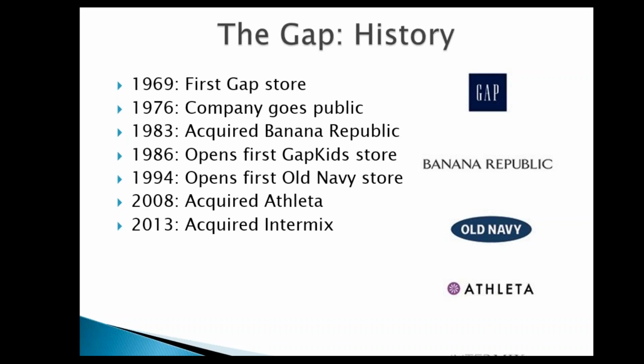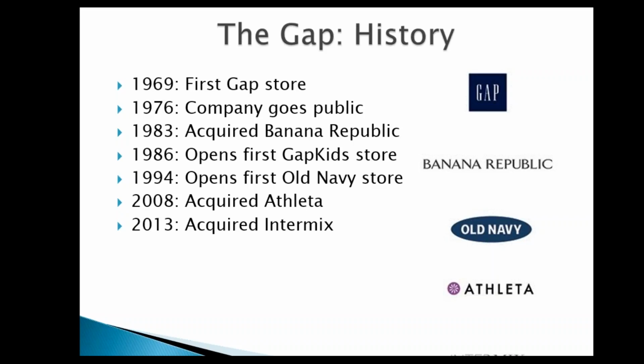Then in '86, they opened their first Gap Kids store, and how that started is the CEO at that time couldn't find cute kids wear. And he saw a gap in the market, to paraphrase some of our earlier comments. They thought, wouldn't it be cute if we just shrunk the adult clothes into little people's clothes? So that was really how they started, and then Baby Gap followed from there.